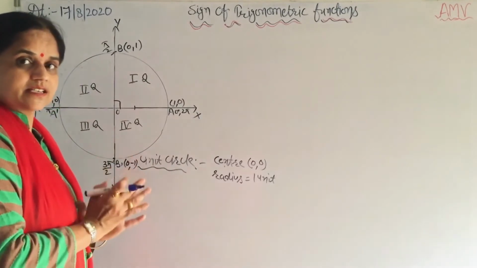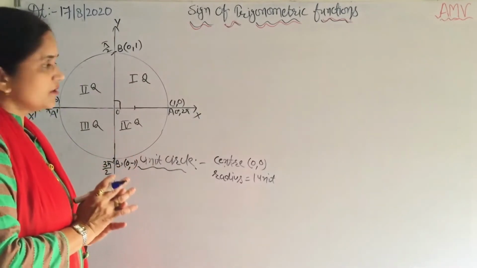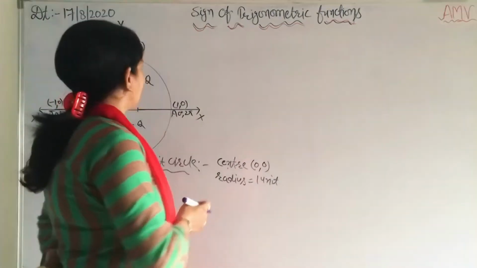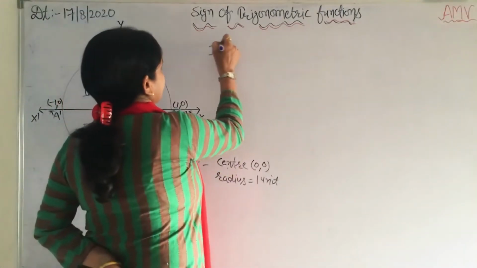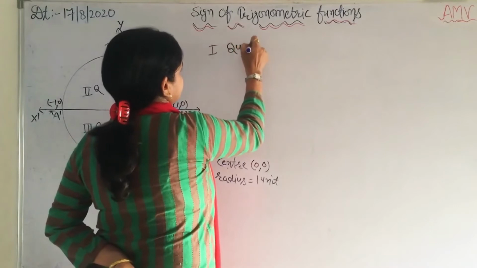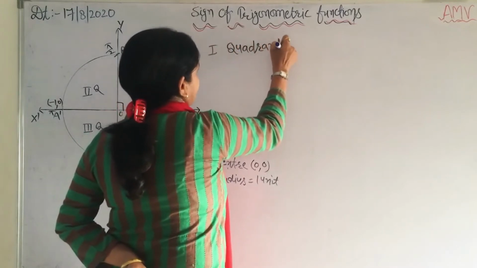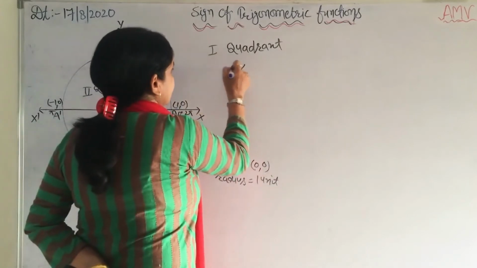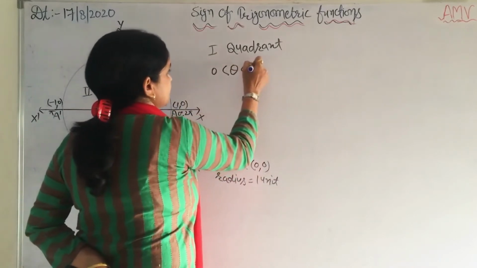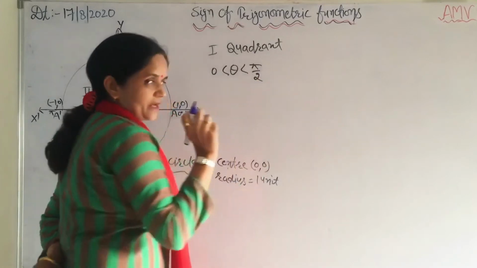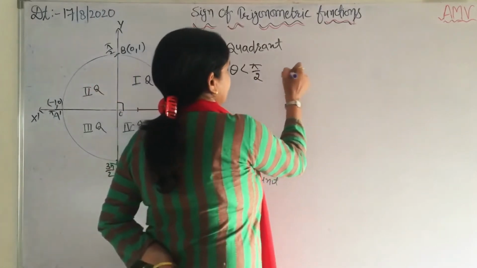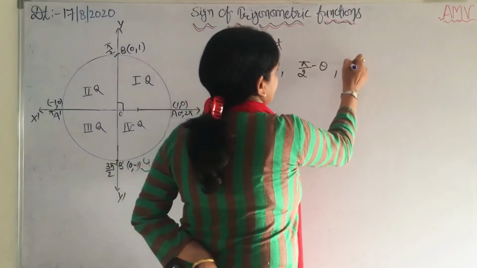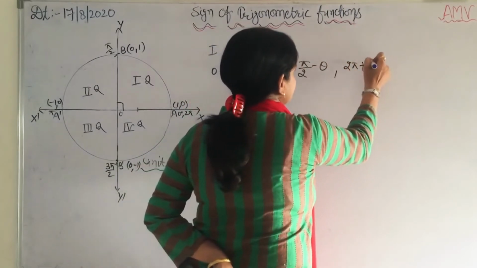Now come to the next point. There are 6 trigonometric functions. First we will discuss 2, sine and cos. Now for the first quadrant, if the angle is theta, then theta is greater than 0 and less than pi by 2, or pi by 2 minus theta, or 2 pi plus theta.